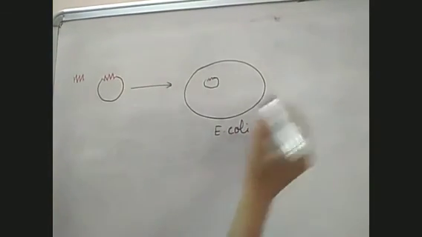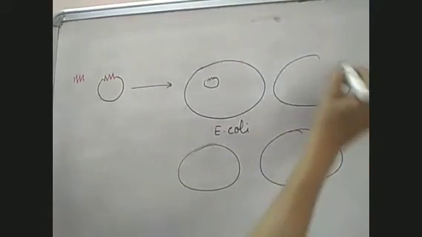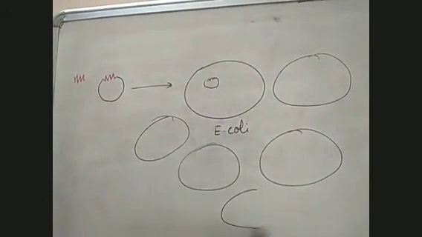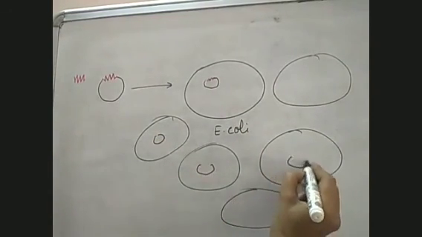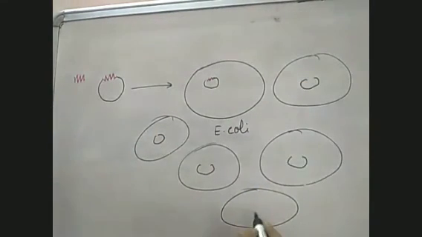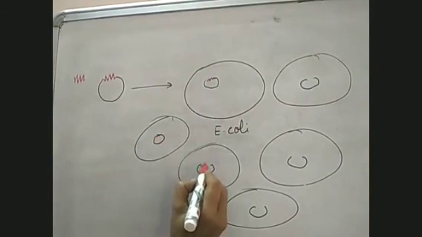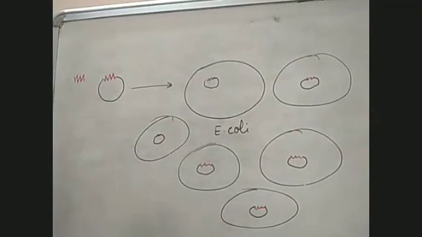The E. coli will increase in number, reproduction will take place, and as a result of that, the bacterial cell will multiply. So what have we got? From one, we have got so many insulin producing genes. See, the desired gene has increased in number.